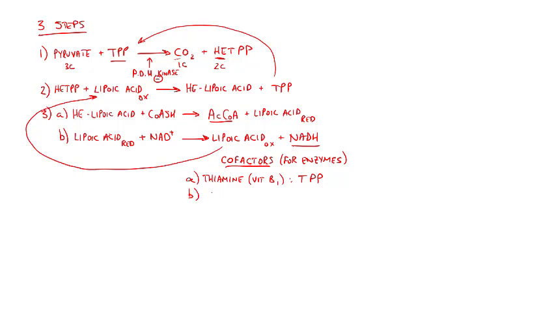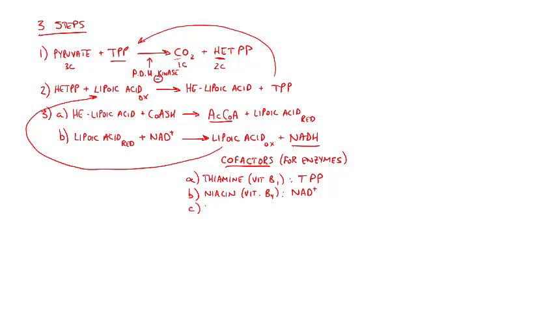Second important cofactor is niacin. That, I believe, is vitamin B4. If not, it's B1. I may have the numbering on those two reversed. Niacin, I forgot to mention in the last lecture, is what NAD+ is made from. So you cannot synthesize NAD+ from scratch on your own. We need niacin to make it.